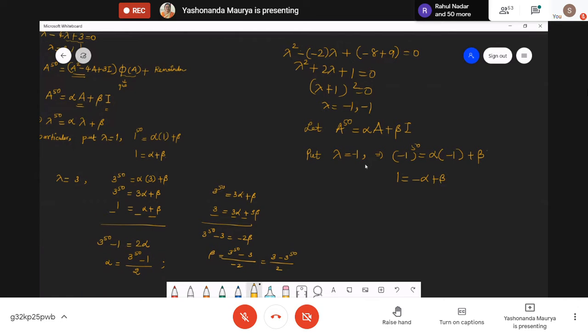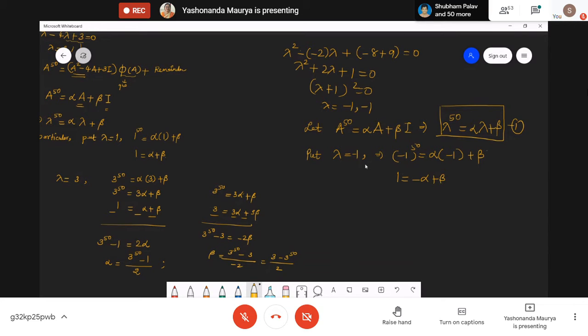Whenever there is a case where a particular eigenvalue is repeated, see over here, this is lambda raised to 50 is equal to alpha times lambda plus beta. Suppose I call this equation 1. Now how do we solve for a repeated one? The repeated eigenvalue also satisfies one more equation, and that is the derivative of this.